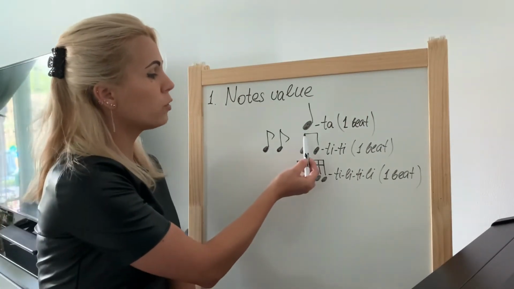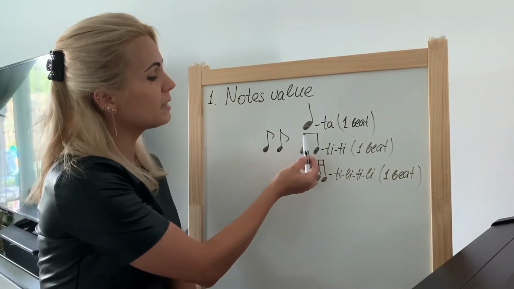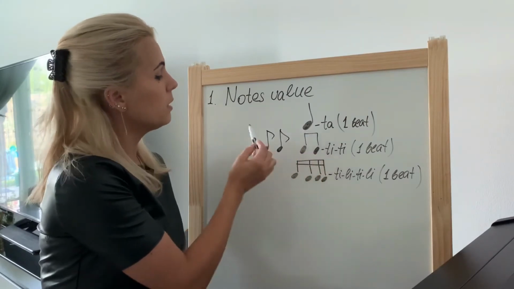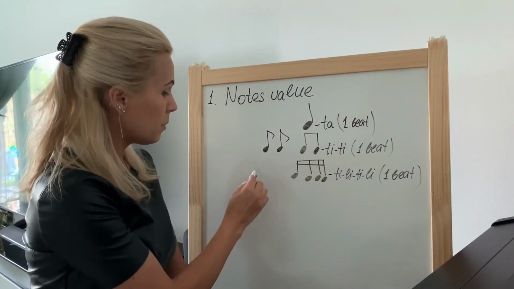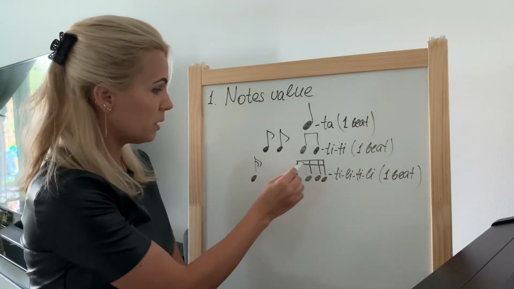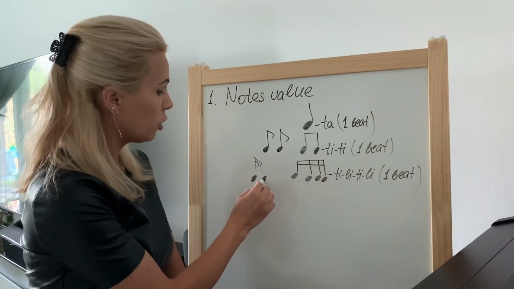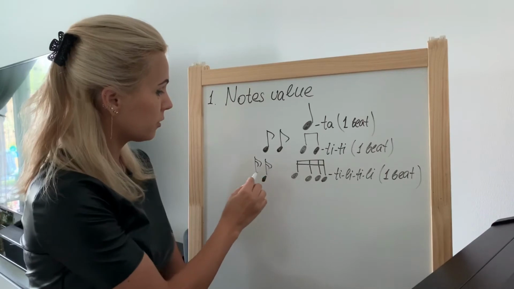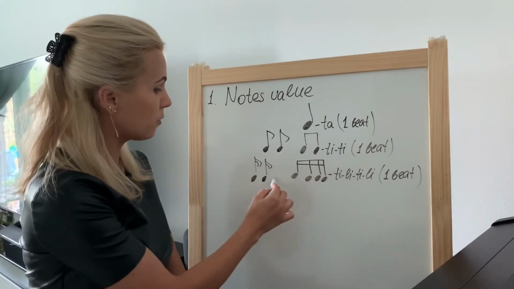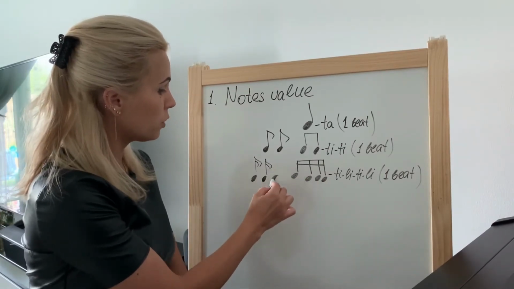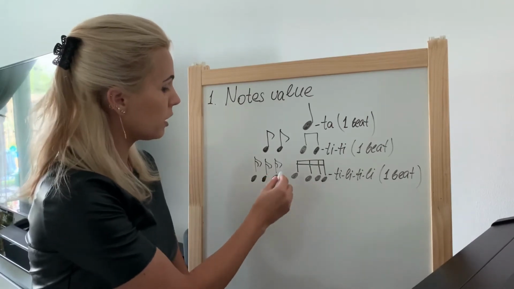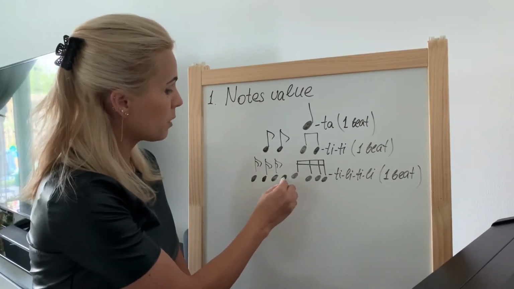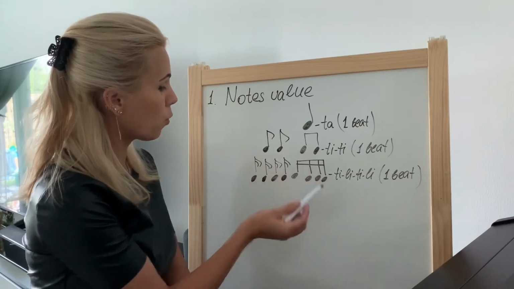Your notes tt, when they have one beam, will have one tail. Your tilly tilly, your semiquavers, because they have two beams on top, will have two tails. You see, they have two beams and they have two tails. So in the future, when you learn notes that are shorter than your quavers and semiquavers, you will see that it works in the same way.